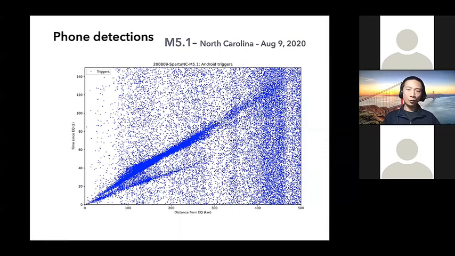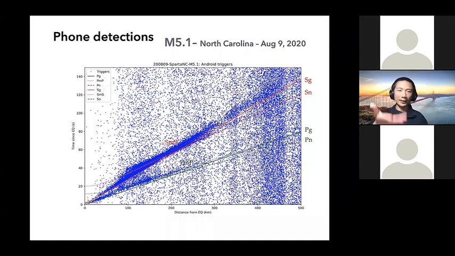If you have taken a seismology class, you will know that there's a P wave, an S wave, and also some later phases like SMS, SG, and so on. All these phones trace these different phases very well. This is the beauty of a very dense network using smartphones.